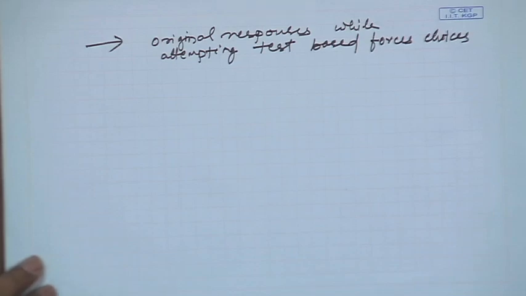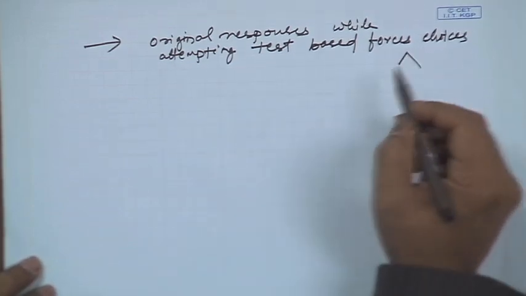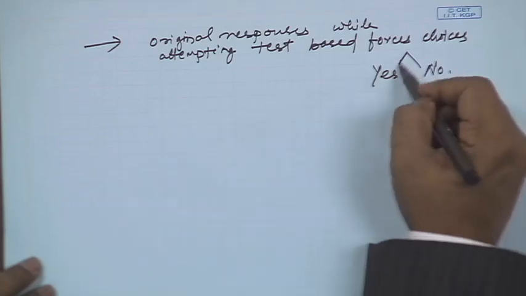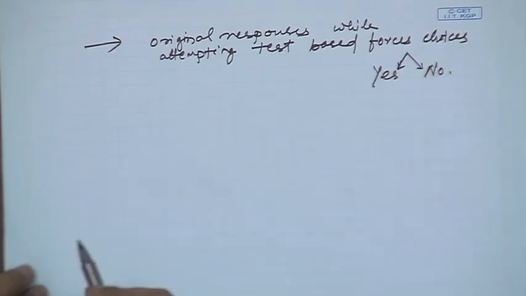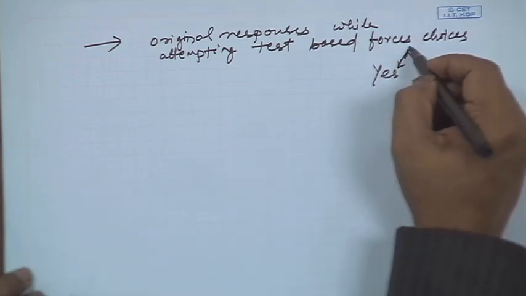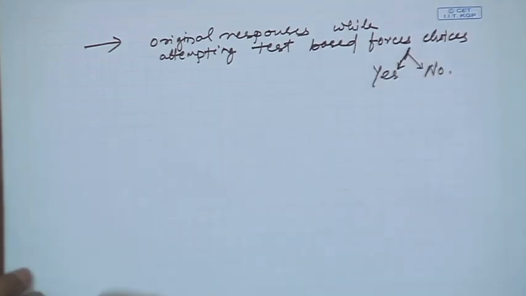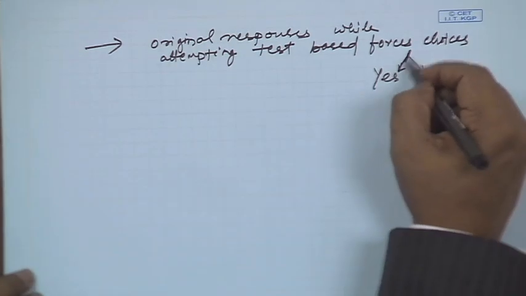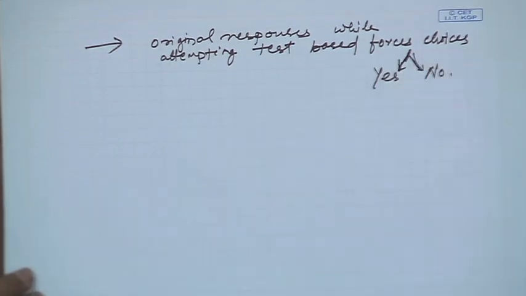So, forced choices means yes or no format. Say for example, neither of these two categories applies to the subject, then the subject is misled, is unable to decide. The kind of response he or she gives may not be accurate to the situation, right.